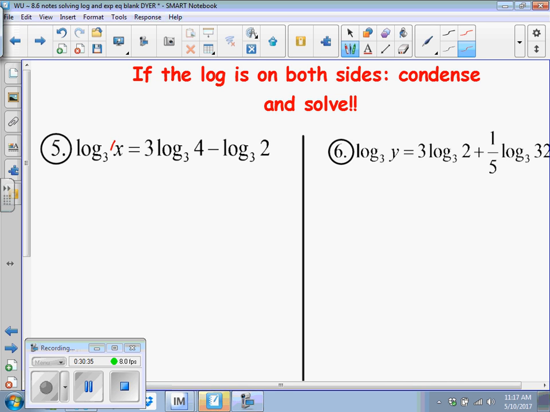Okay, so here are what we're taking the logs of. You can only have a single log on the left and a single log on the right. We have a single log on the left, so we're good. Correct? There's only one log on the left. But on the right-hand side, I need to condense that.